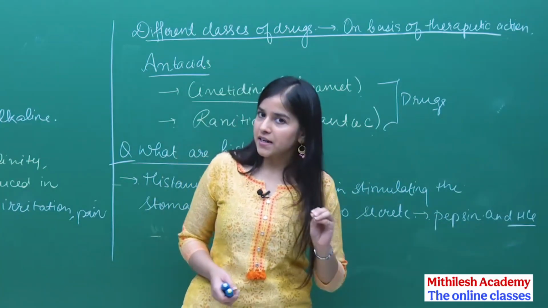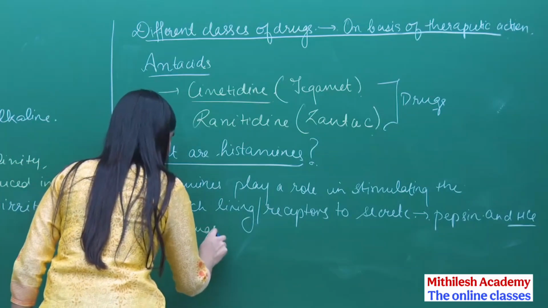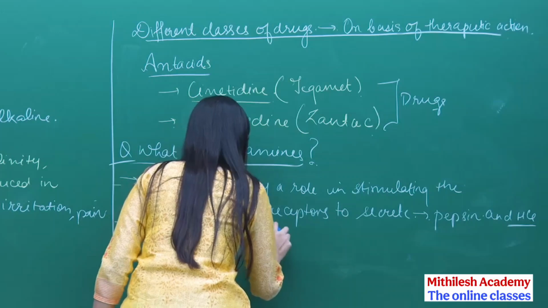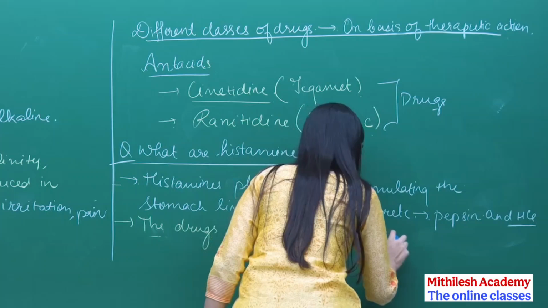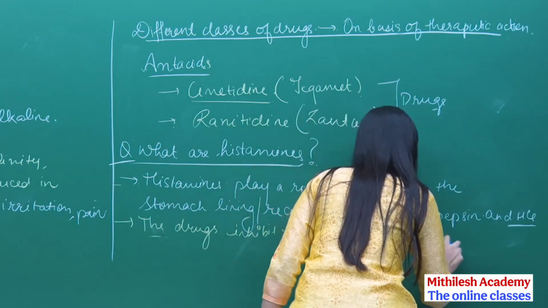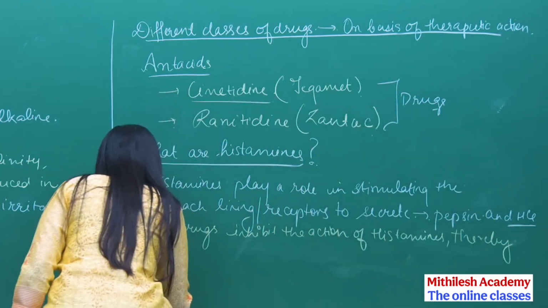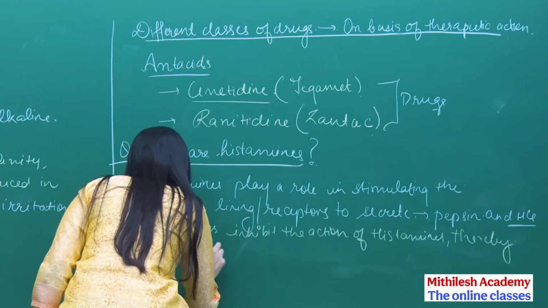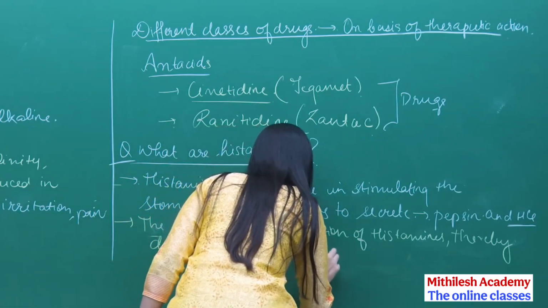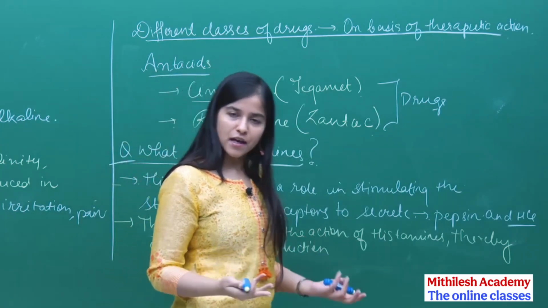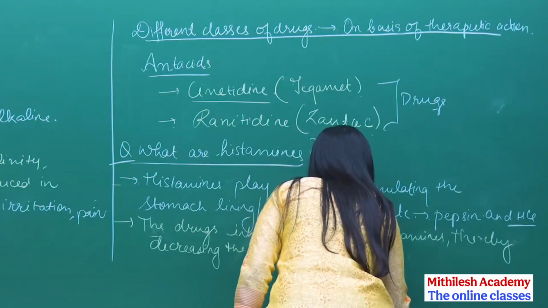So that is how the drugs are inhibiting the action of histamines, thereby decreasing the production of what? The chemicals that are pepsin and HCl, decreasing the production of acid in the stomach.